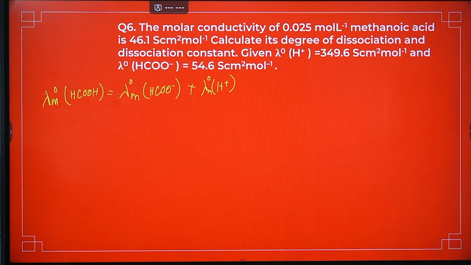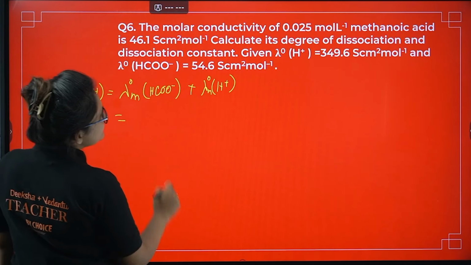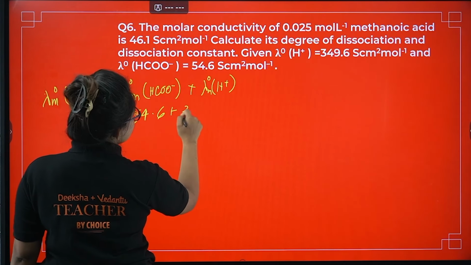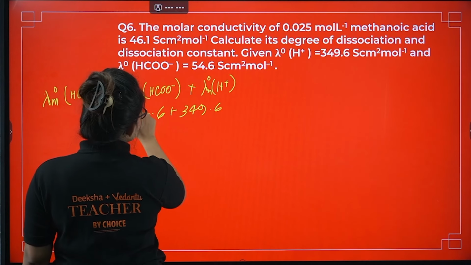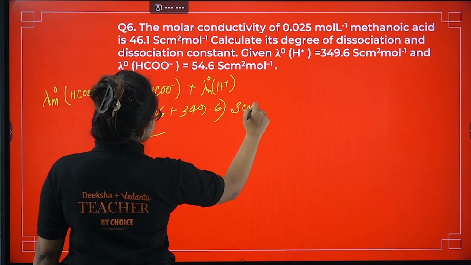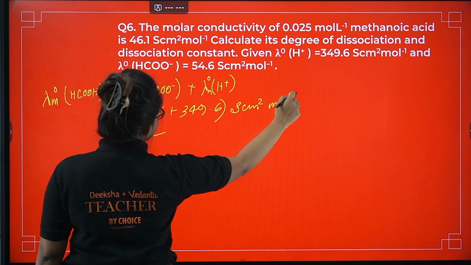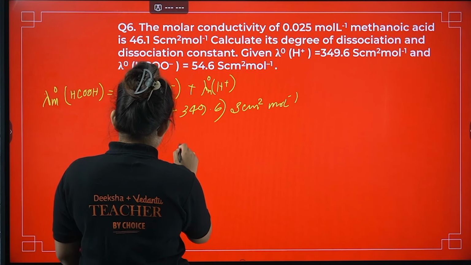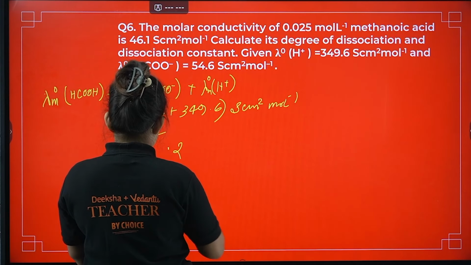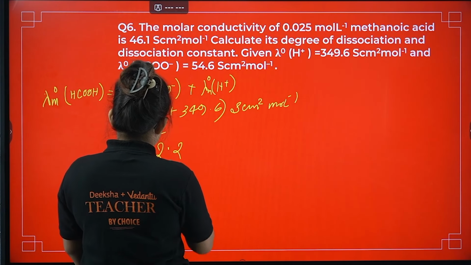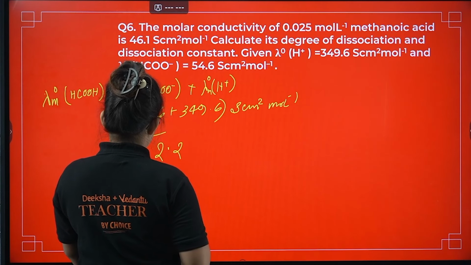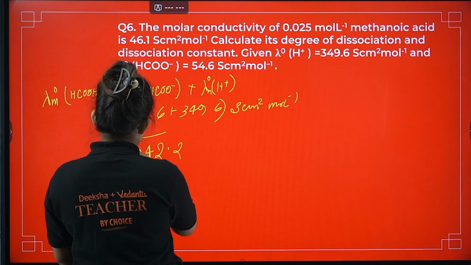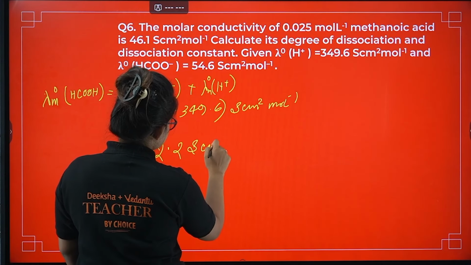Okay, so for this case we can just simply add them. So 54.6 plus 349.6, Siemens centimeter square mole inverse. How much will you get here? You should get something like 404.2, Siemens centimeter square mole inverse.